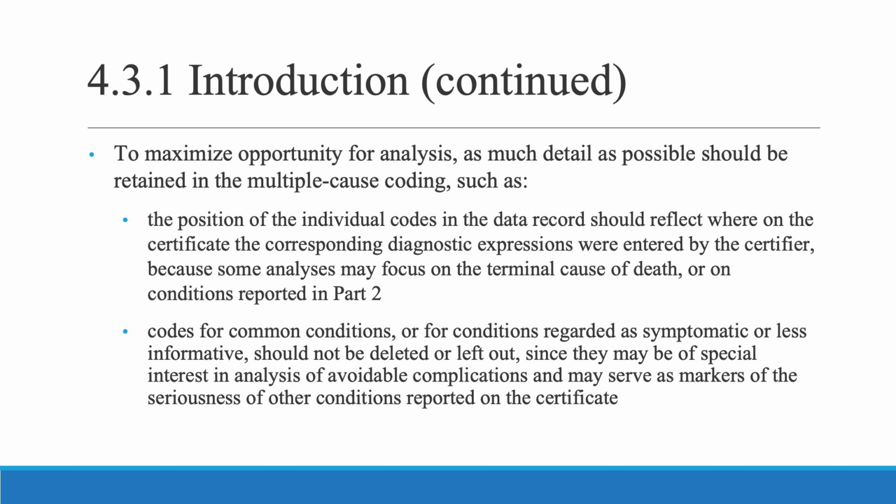Because some analyses may focus on the terminal cause of death or on conditions reported in Part 2. Codes for common conditions or for conditions regarded as symptomatic or less informative should not be deleted or left out, since they may be of special interest in analysis of avoidable complications and may serve as markers of the seriousness of other conditions reported on the certificate.